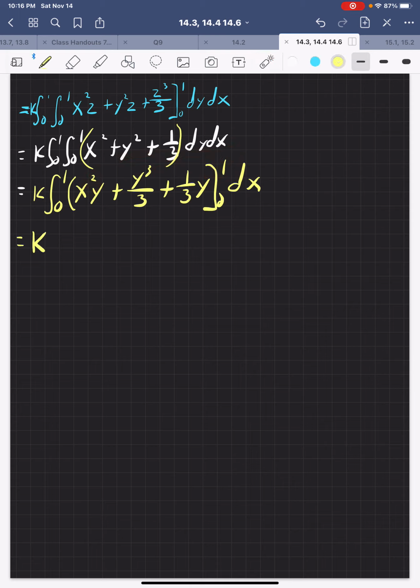So let me finish this up. If you plug 1 in for y, x squared times 1 is just x squared. Let me save myself one step. So plugging 1 in for y here and here, that just is 1/3 plus 1/3, right? So 1/3 plus 1/3 is 2/3.